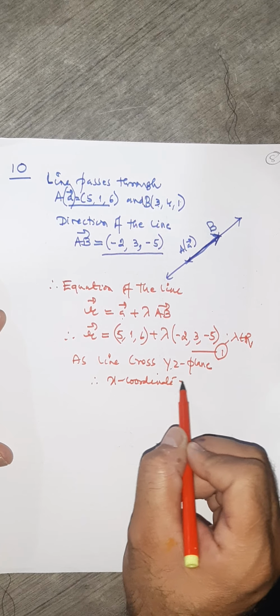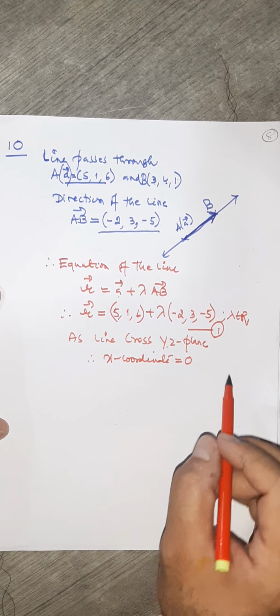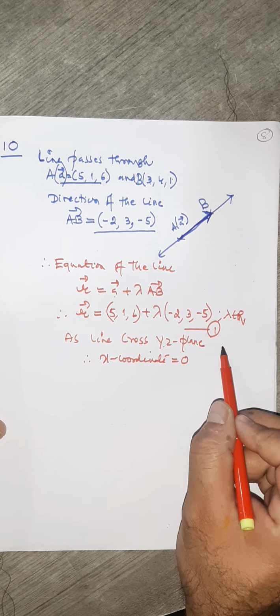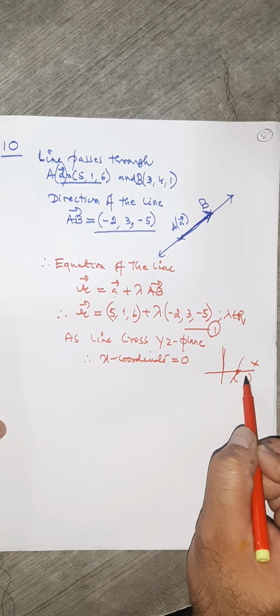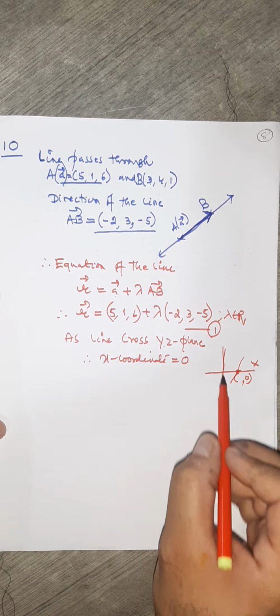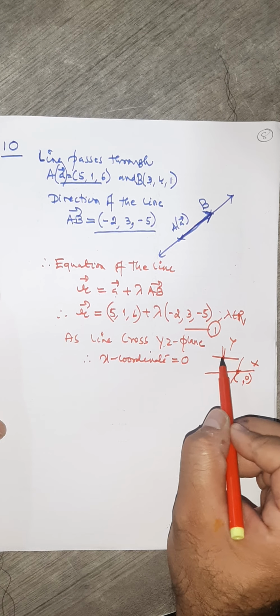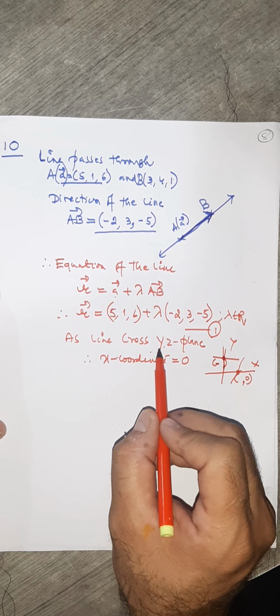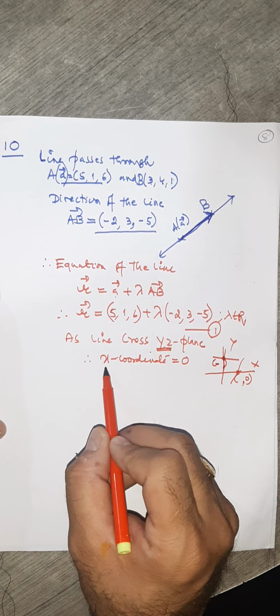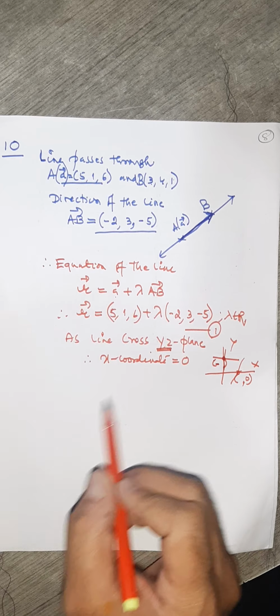It's the same as what we were doing in R2. In two coordinate axes, if the line crosses the x-axis, which coordinate is 0? Y coordinate. If the line crosses the y-axis, which coordinate is 0? X coordinate. So same concept. Here it crosses the YZ plane, so the x coordinate must be 0.